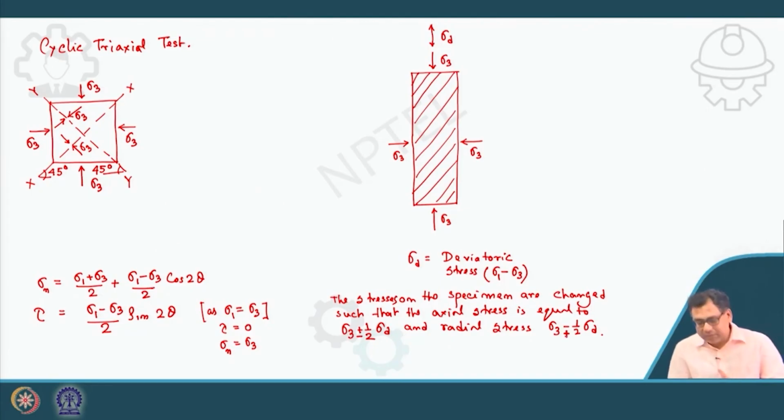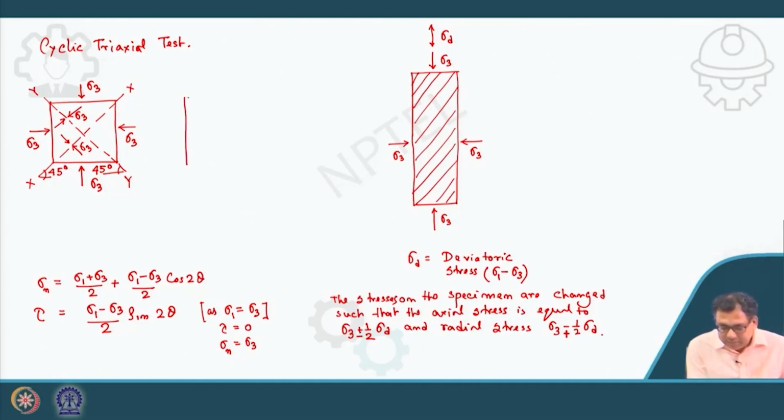One is axial sigma 3 plus half sigma d and radial sigma 3 minus half sigma d. In the other case, the axial stress will be sigma 3 minus half sigma d and the radial stress will be sigma 3 plus half sigma d.